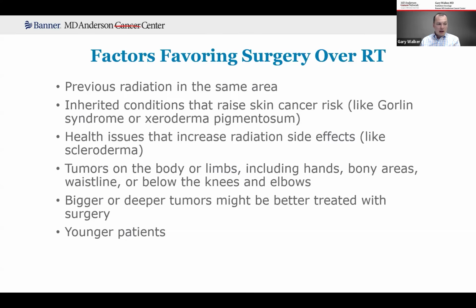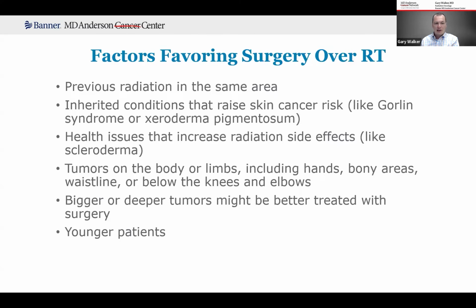In patients that are younger, we really prefer surgery for these patients, particularly if there's previous radiation to that area, if they have inherent conditions that may predispose the patient to skin cancer. Radiation could contribute to increasing the risk of skin cancer in those patients.